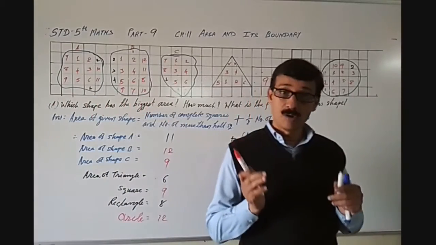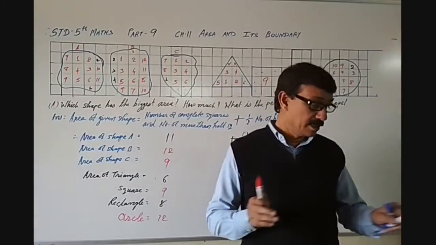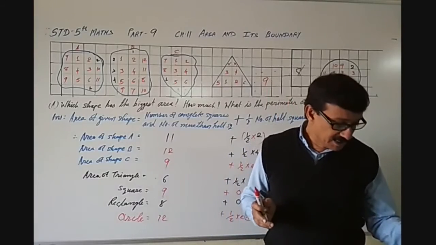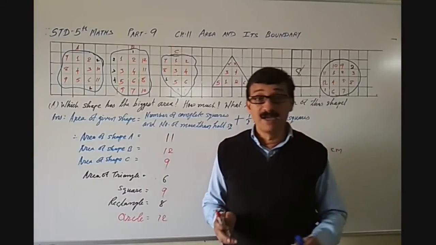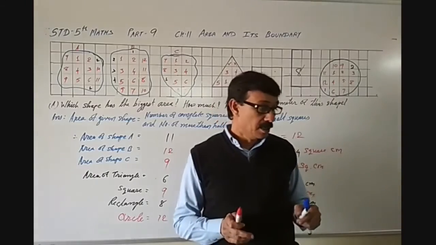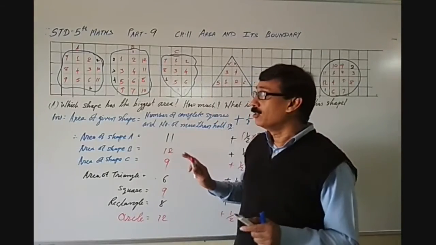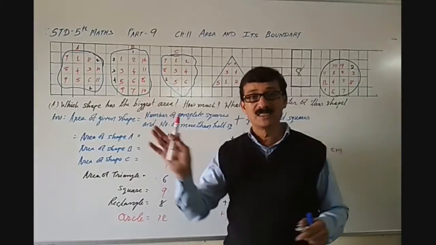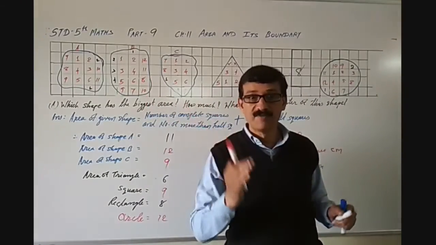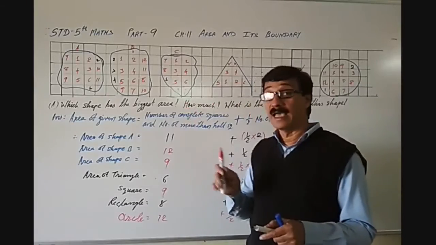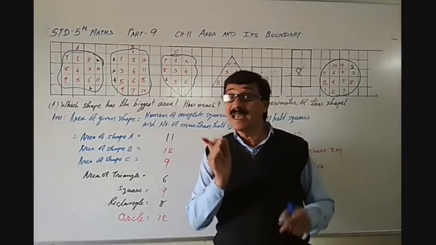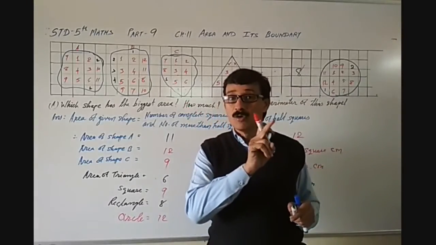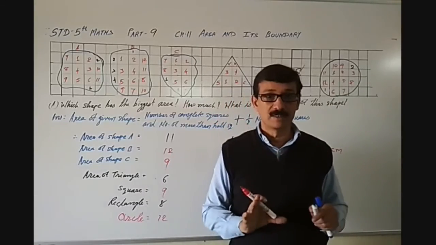Now you also do this activity on this sheet, which is available on page number 155. Do it yourself, count these squares which are complete, which are more than one half, which are one half. If the squares are less than one half, we will not count them.